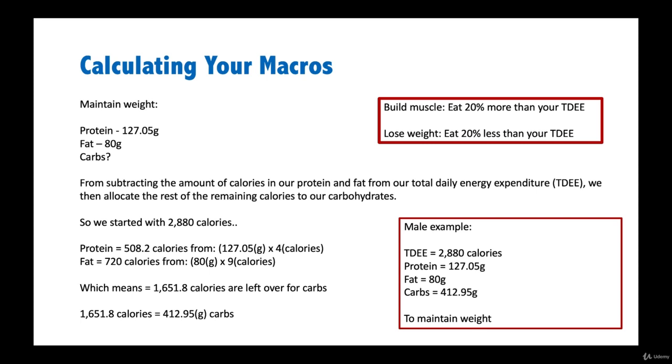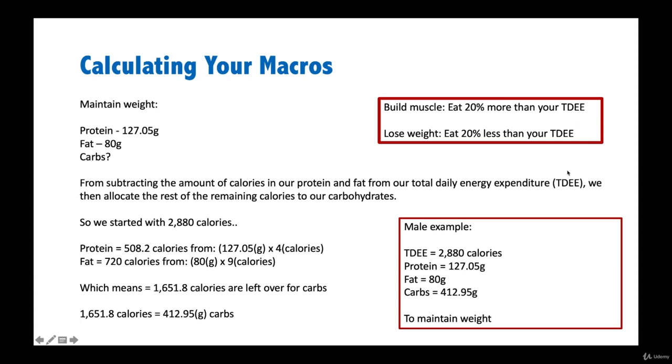But one thing people seem to forget to talk about when calculating your macronutrients is that it's all well and good being able to calculate them and sustain your diet over a long period of time, but after a certain period, which is different for different people, because different bodies adjust differently, your body's going to adapt. It's going to realize that you're either eating enough to put on muscle or eating less to lose weight.